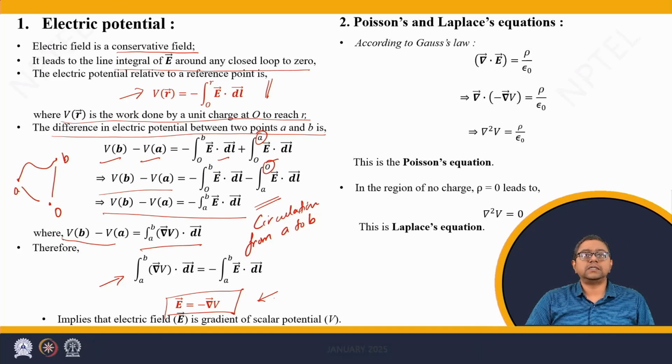Now, using this potential function formulation, we can look into the equations that govern the potential function V. First, we will use the Gauss law. The Gauss law for electric field states that the divergence of the electric field equals rho by epsilon naught. Replacing E by minus gradient of the potential function V, we can obtain Laplacian of V equals rho by epsilon naught.